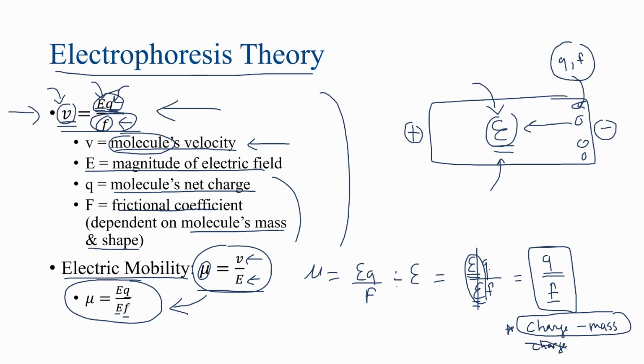In other words, under constant voltage conditions, the electrical field magnitude will be constant and the migration of molecules is dependent only on the ratio of Q to F, which is the charge to mass ratio in the case that the shapes of your molecules do not differ.